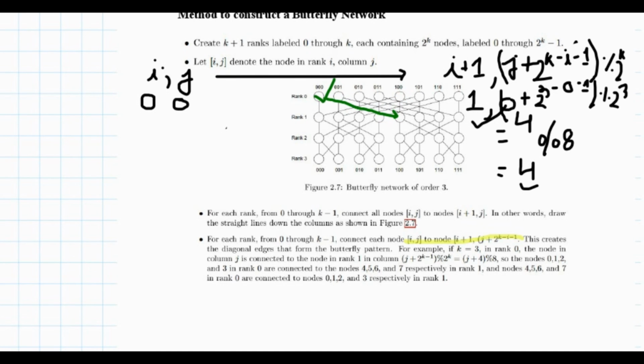So this was the second step of the algorithm. You should apply this formula for other nodes as well to get a better understanding of the steps. So this was the tutorial about interconnection network.